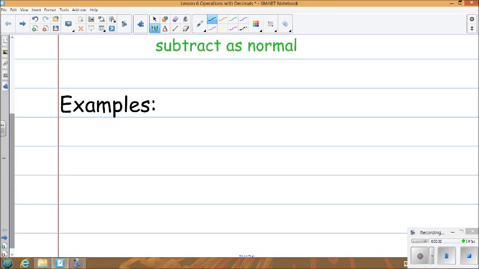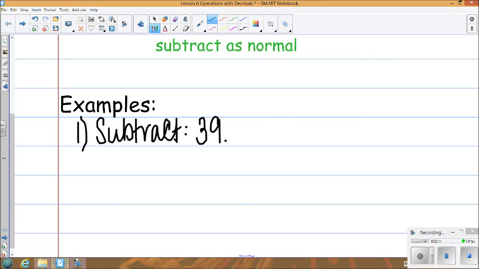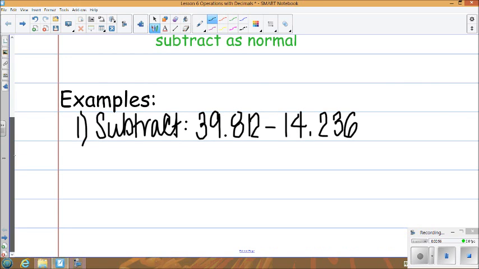So our first example, we're going to subtract 39.812 minus 14.236. So what we're going to do is we're going to start by lining these up vertically.